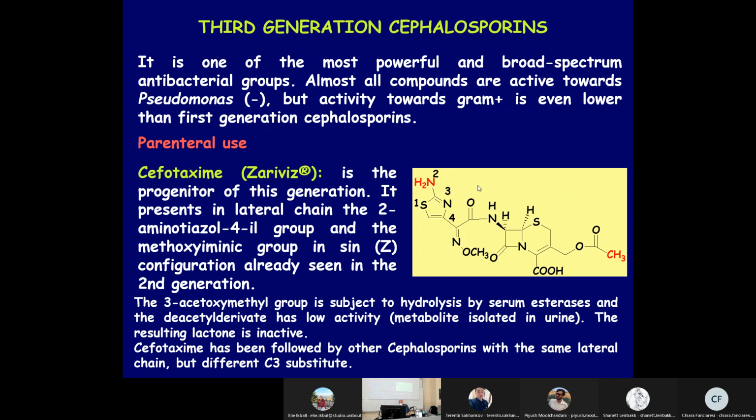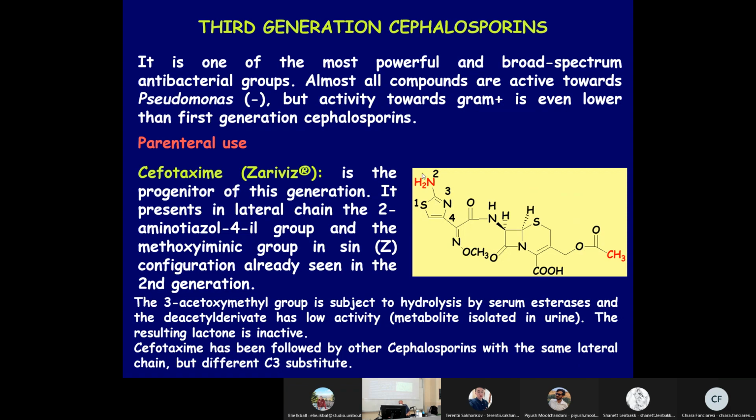You see here in the structure of cefotaxime, you see in red the introduction of this particular heterocycle, aminothiazole.